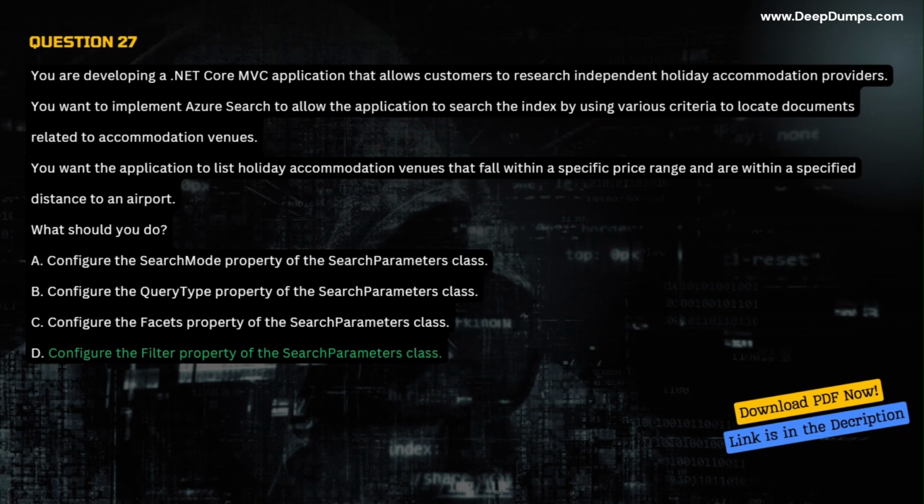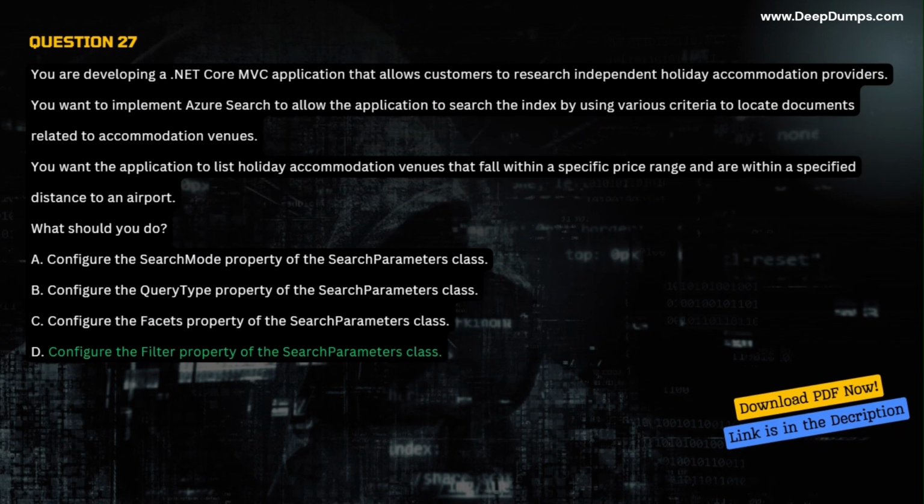Question 27. You are developing a .NET Core MVC application that allows customers to research independent holiday accommodation providers. You want to implement Azure Search to allow the application to search the index by using various criteria to locate documents related to accommodation venues. You want the application to list holiday accommodation venues that fall within a specific price range and are within a specified distance to an airport.